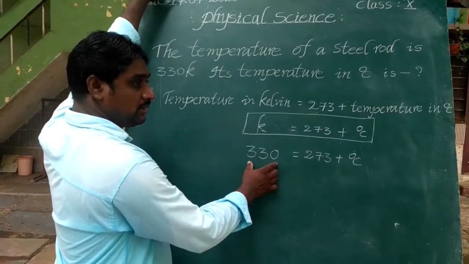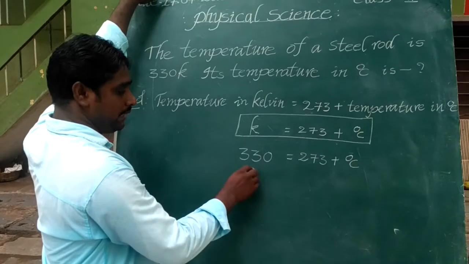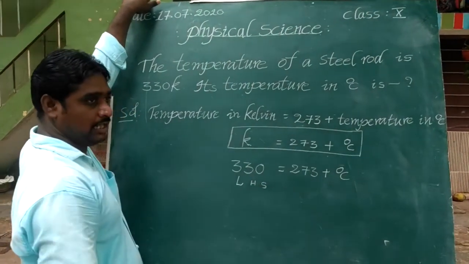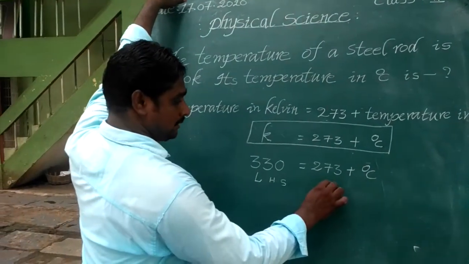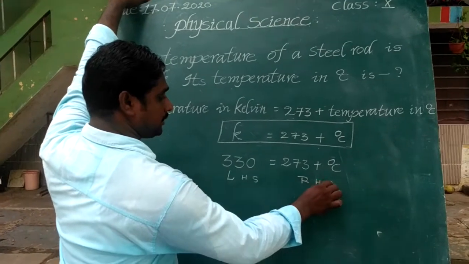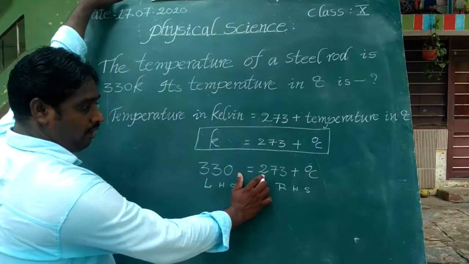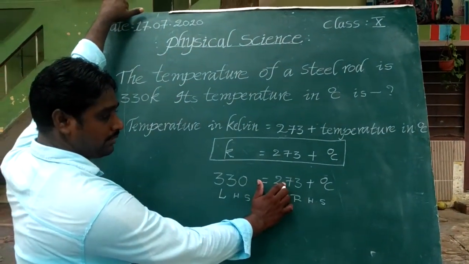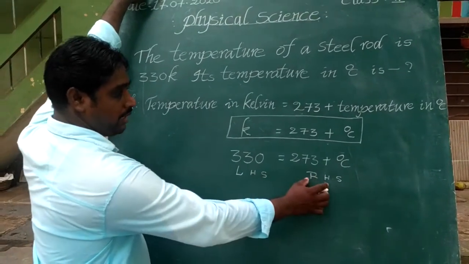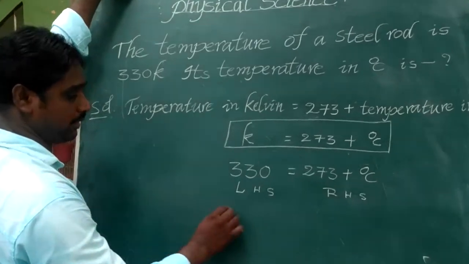The terms present on the left side of the equal sign are called LHS, the left hand side terms. The terms on the other side are known as RHS, right hand side terms. The value of plus 273 on the right hand side will come to the left hand side and become negative 273.